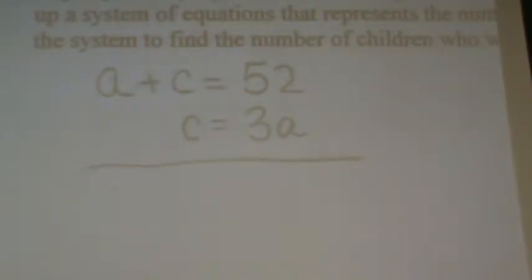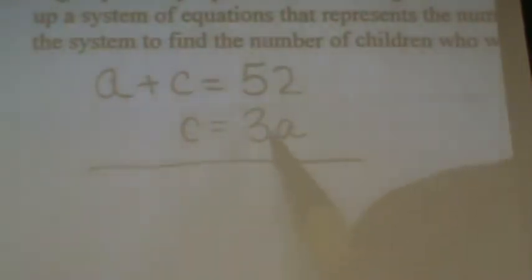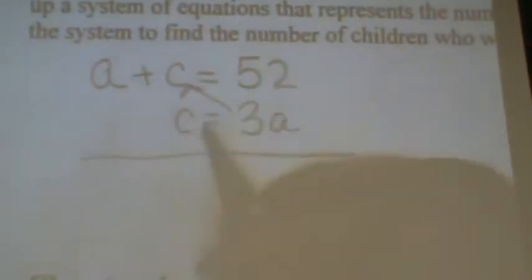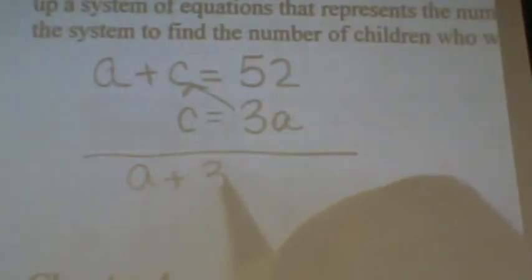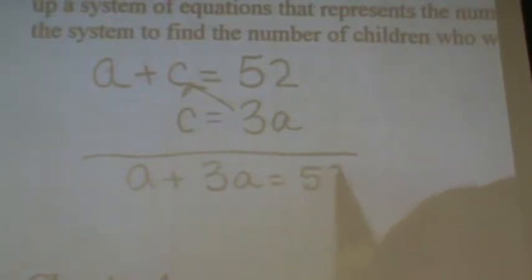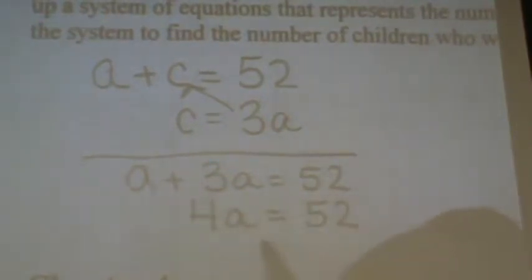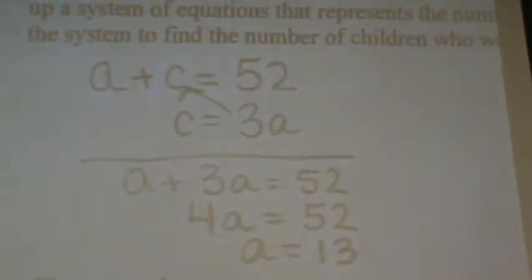You substitute C for 3A. I would take this and put it right here. So A plus 3A is 52. So 4A is 52. What's A? 13. And then how would you find children? 13 times 3, which is 39. And it makes sense.